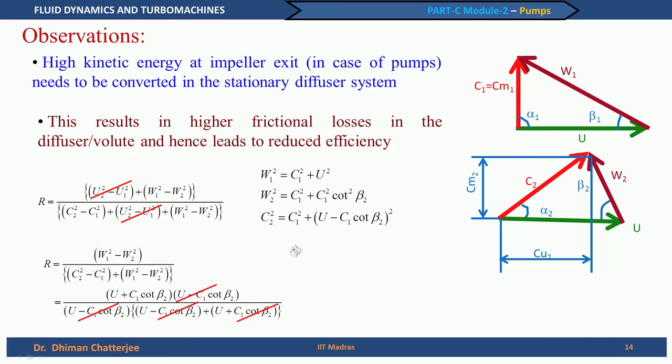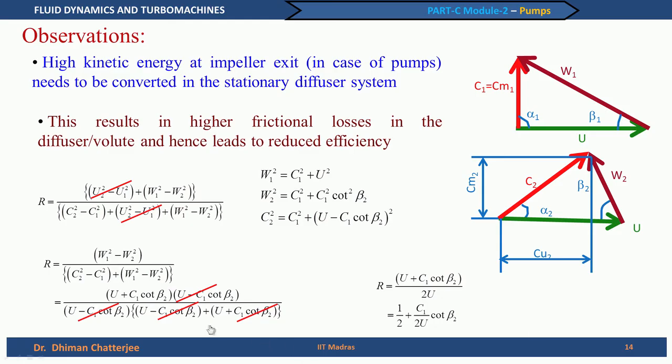So, when we rewrite this, we can say that R becomes W1 square minus W2 square, whole divided by C2 square minus C1 square plus W1 square minus W2 square. I can substitute these relationships which we have obtained here and get the relationship in terms of U, C1 and beta 2, and we get that R becomes equal to U plus C1 cot beta 2 by 2U.